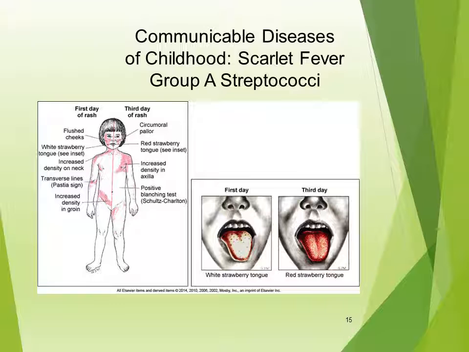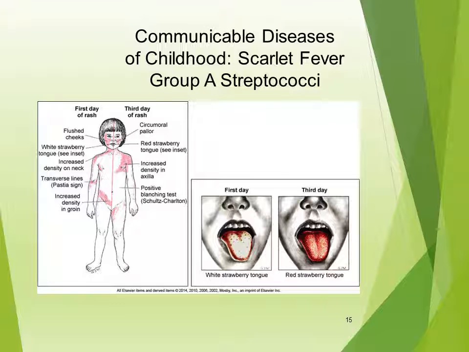So what are the symptoms? An abrupt high fever, an elevated pulse, headache, vomiting. The throat is beefy red. So if you look at the pictures, we call this the strawberry tongue, and it can either be a red or white strawberry tongue, and the body has a pinhead size red rash.